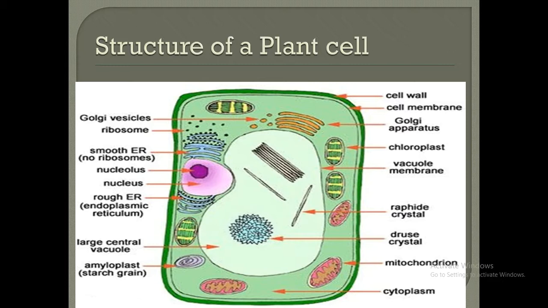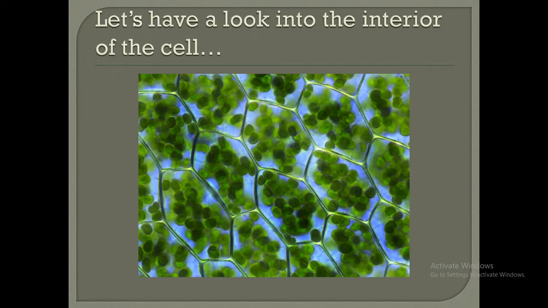Chloroplast is only found in plant cells because it contains chlorophyll, and chlorophyll helps in the trapping of sunlight, or the radiant energy, and converts it into chemical energy. There are a lot of organelles, as you can see, but our concern in this topic is with the chloroplast. Let's have a look into the interior of the cell.